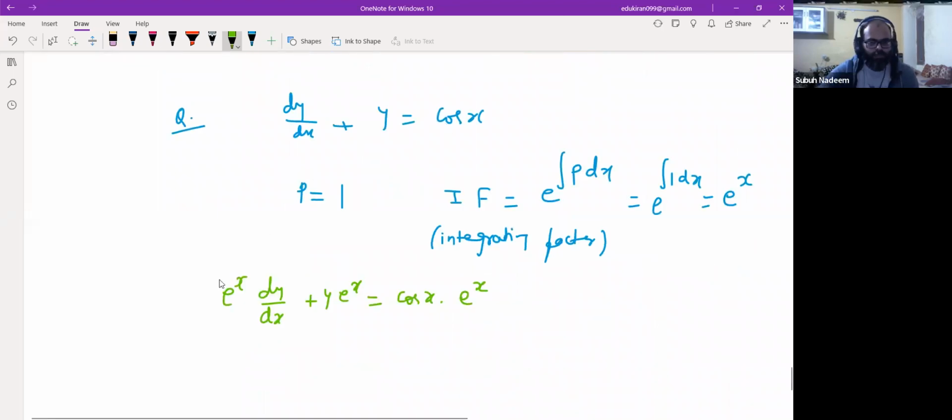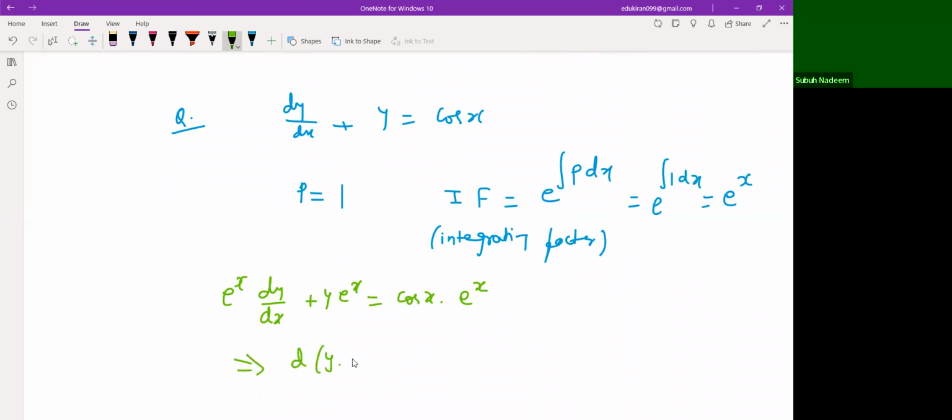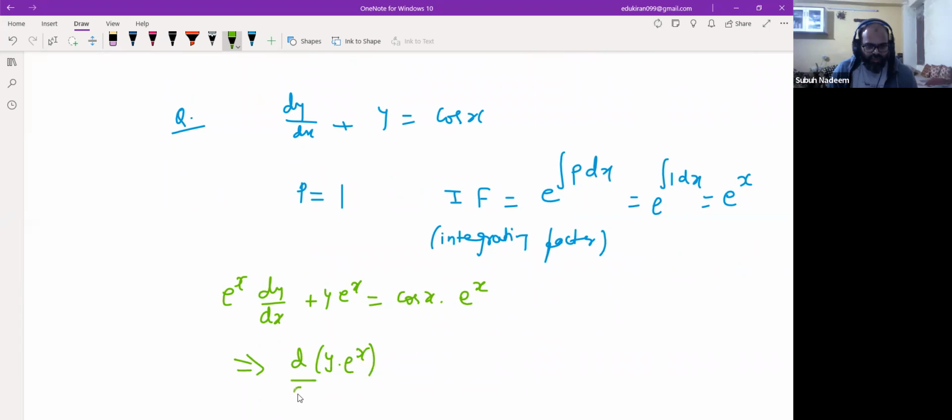Now you can write that the derivative of y into e to the power x with respect to x is equal to cos x into e to the power x.